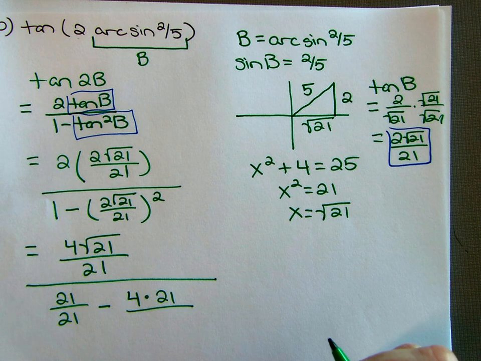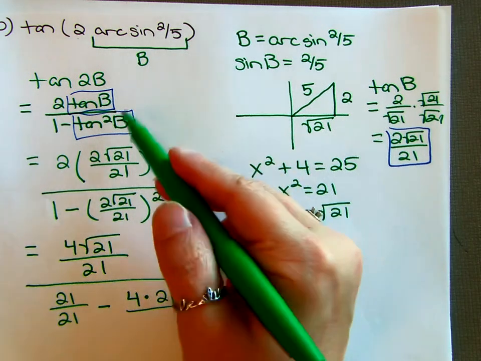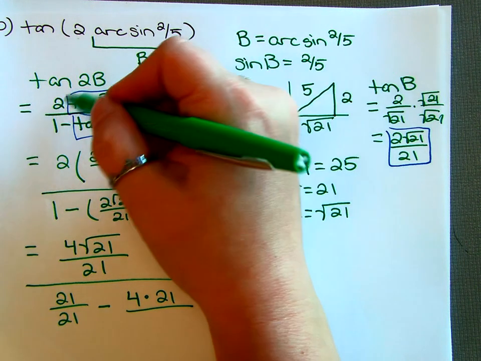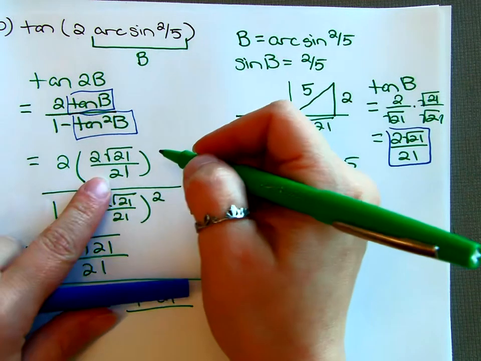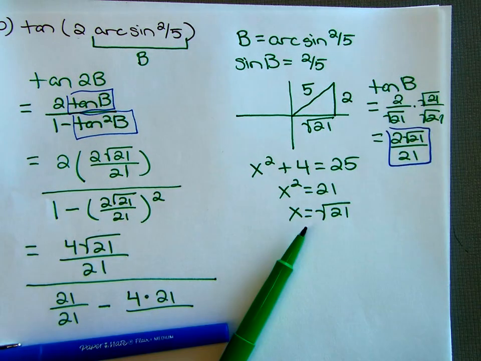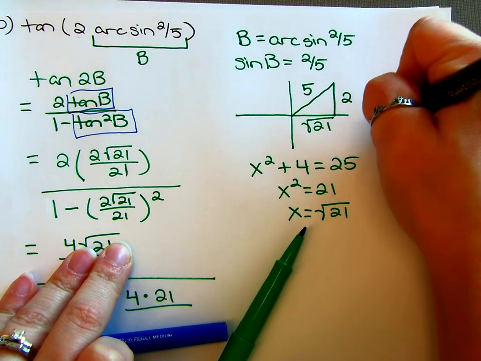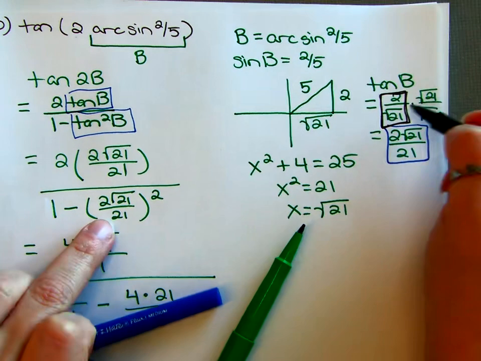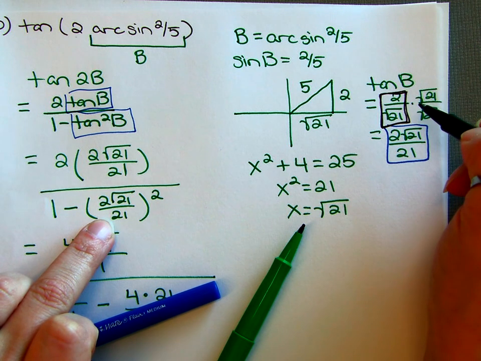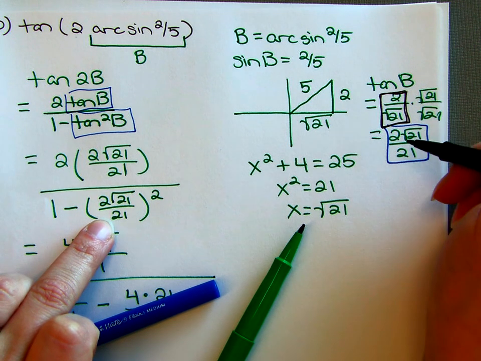Okay, can I show you what I did in my notes so that it makes it a little bit easier? Because 21 squared is gross. Whenever I plugged in right here, I plugged in 2 radical 21 over 21 for the top. I didn't put in the rationalized bottom in my notes; I went back up and used the version before I had rationalized it, because then when I square it, the radical goes away and it automatically gets rationalized without me having to take 21 times 21 and get all gross.